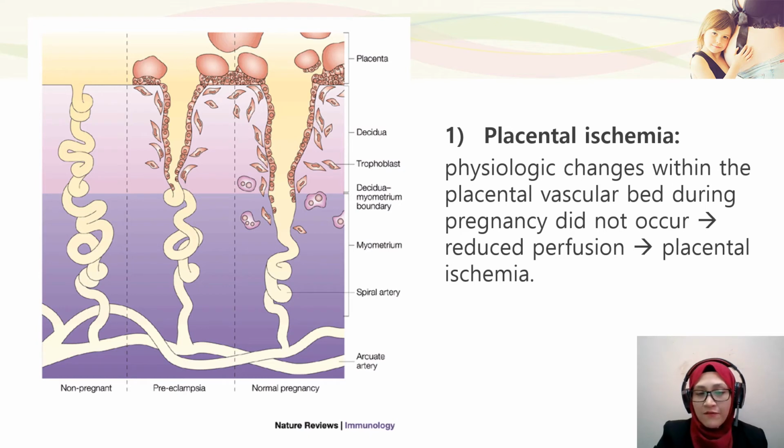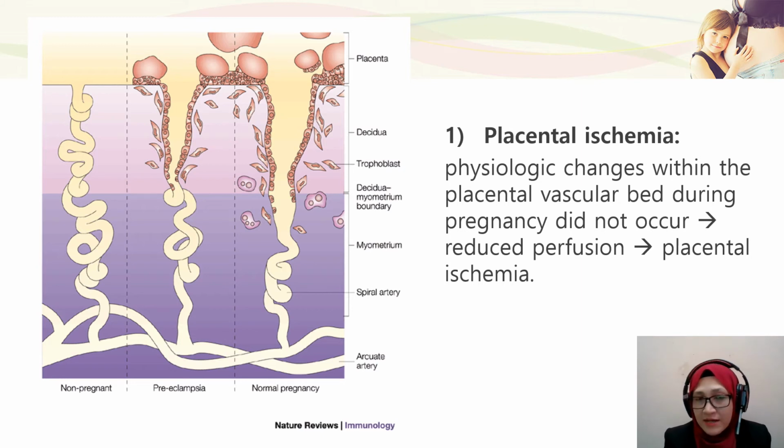The pathogenesis of preeclampsia can be explained by a few mechanisms. The first is placental ischemia, in which the physiological changes within the placental vascular bed do not occur. Usually, in normal pregnancy there will be an opening of the placental vascular bed, which increases the blood supply to the placenta, or the blood vessels that supply the placenta.